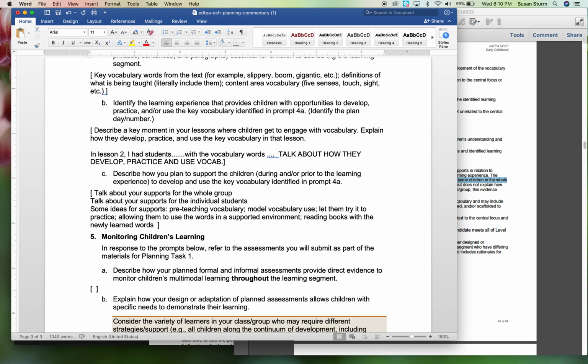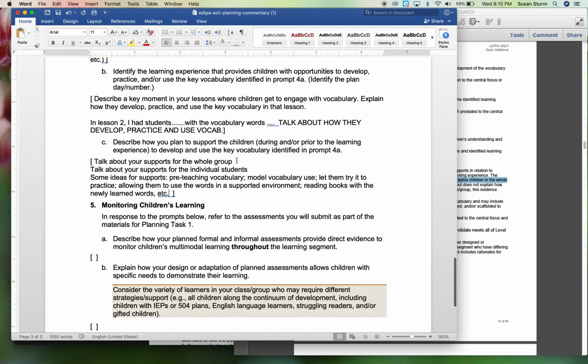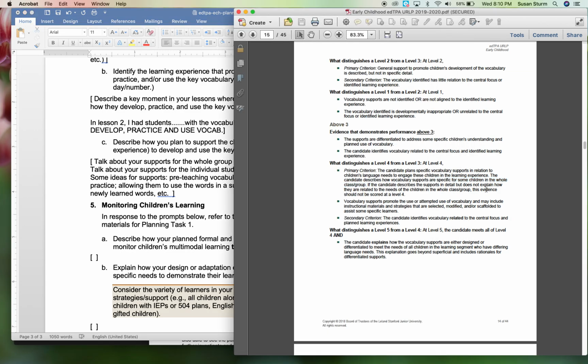I'm just going to put etc. There's loads of others that you can find, and I would say talk about the ones that are appropriate for whole group here and the ones that are appropriate for specific students here, and be very specific.